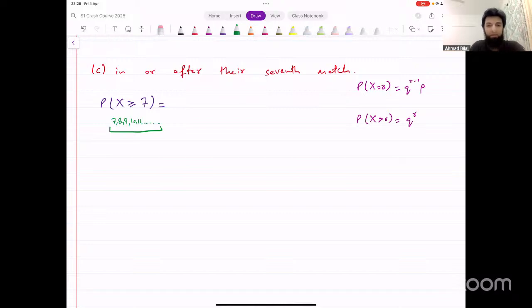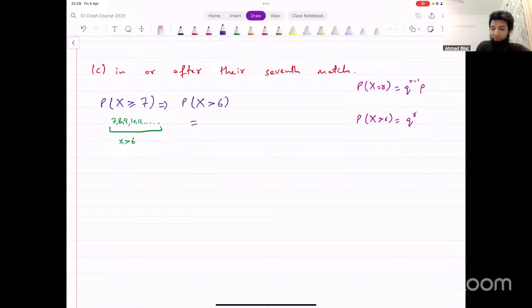You can say this is greater than 6, right? Since these are discrete numbers, decimals are not possible. Greater than or equal to 7 is the same thing as saying greater than 6. So you say probability of X greater than 6.